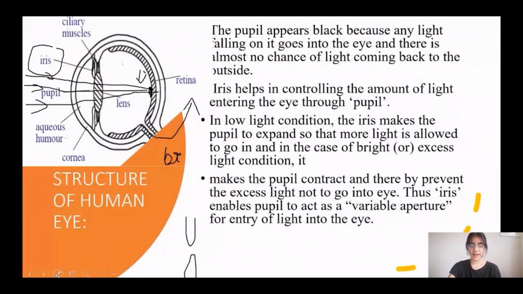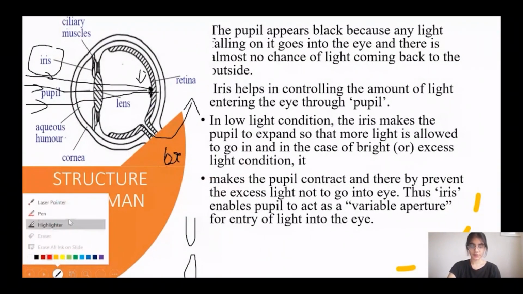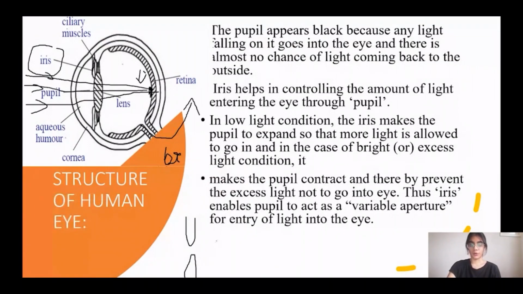So we have our iris, which exactly controls the pupil right here. When you have some source of light which is very close to you, and a lot of rays of light are trying to enter at the same time, the iris will make the pupil contract in size so that fewer rays can enter through and your eye lens is not damaged.